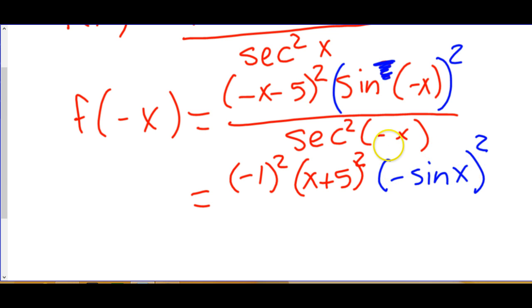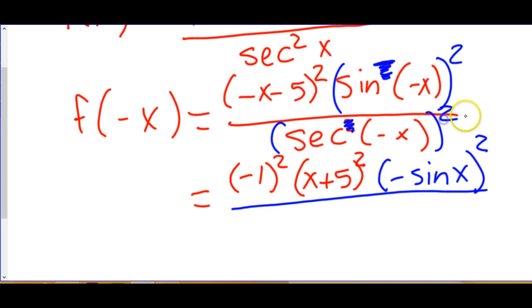So this piece will come out positive sine squared x. Same thing with secant. I'm going to rewrite the whole thing as that trig function squared. Secant of negative x comes out as positive secant x, and that whole thing's squared again.